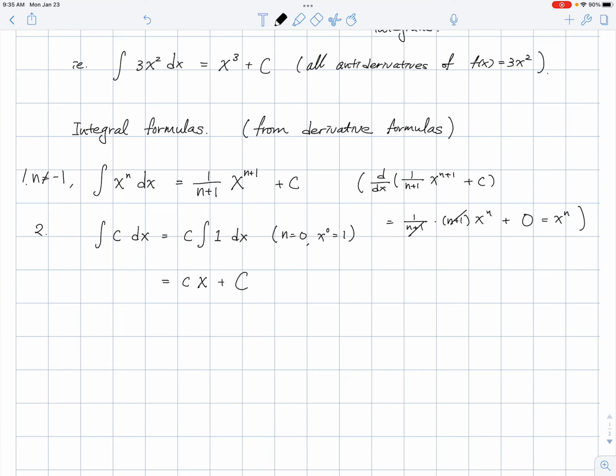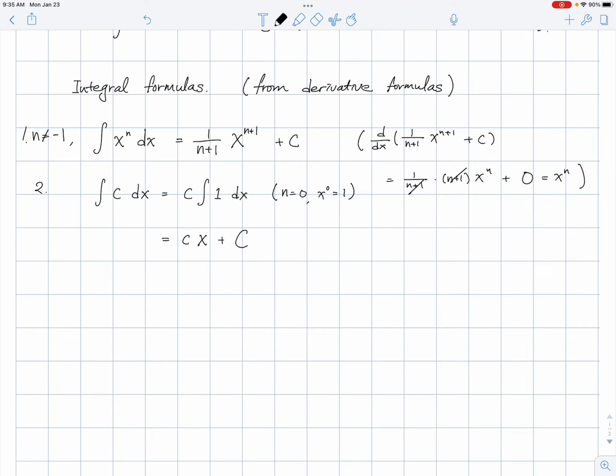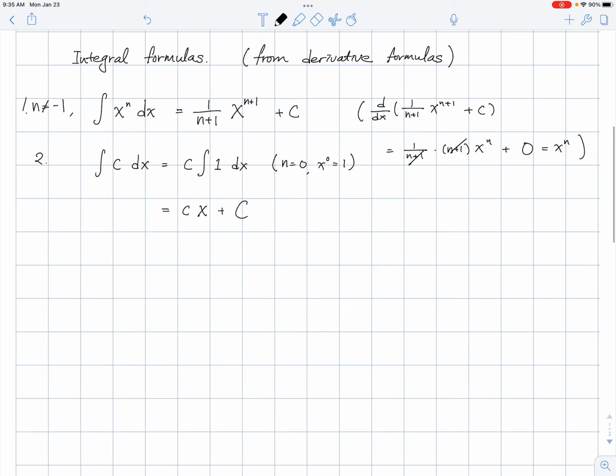So to distinguish, I have two different constants. One, I use the little c from the original integral, and then I use capital C for any arbitrary constant. All right, so this is a special case of the first formula. And then we have trig functions. The integral of sine of x will give us negative cosine x plus c. Why?